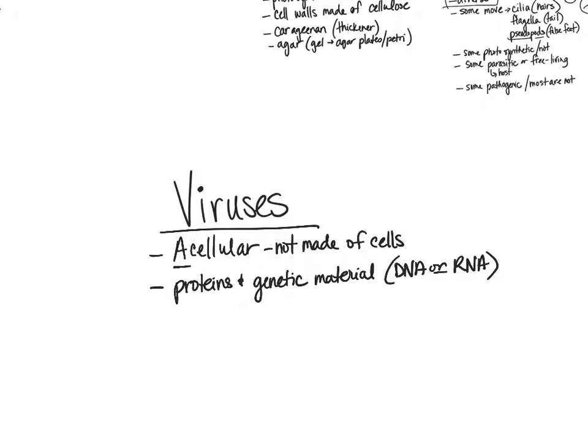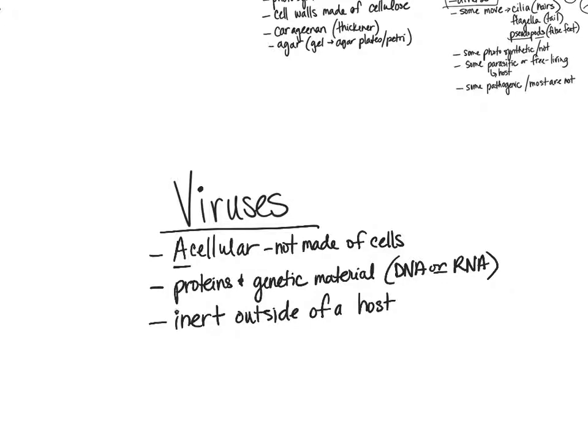A virus, again, since it's not alive, it's not made up of cells, it has to have a host. It absolutely has to have something else around it, something that it's living in order for it to continue existing. So it is inert outside of a host.